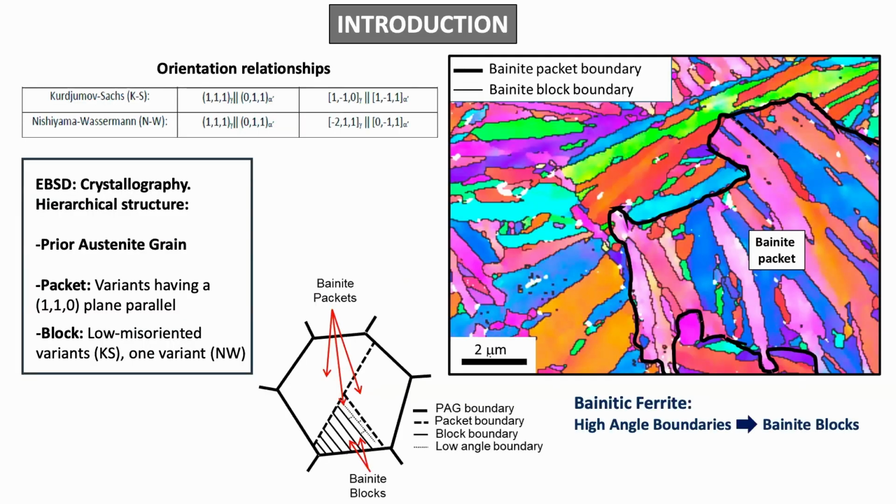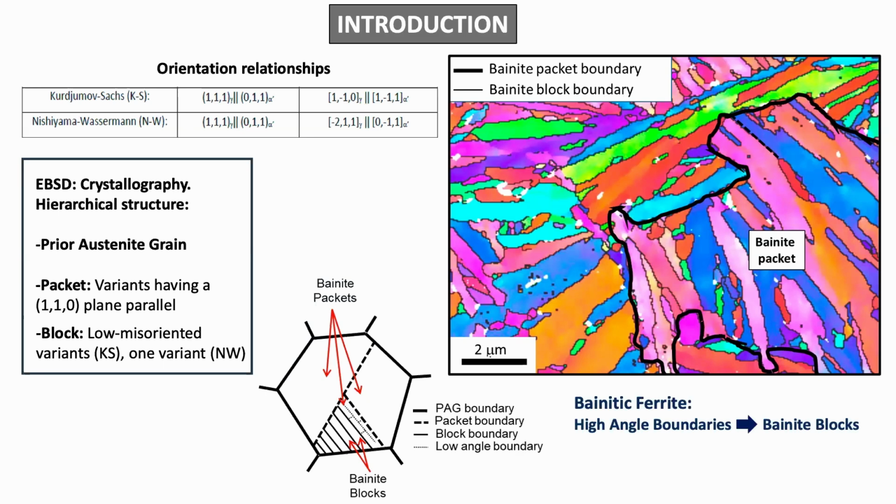And in more detail, we need to consider that this bainitic transformation has a displacive nature, and it leads to a fixed orientation relationship between austenite and bainitic ferrite, between Kurdjumov-Sachs and Nishiyama-Wassermann. So it leads to a very hierarchical structure, and we will have boundaries of the prior austenite grains.